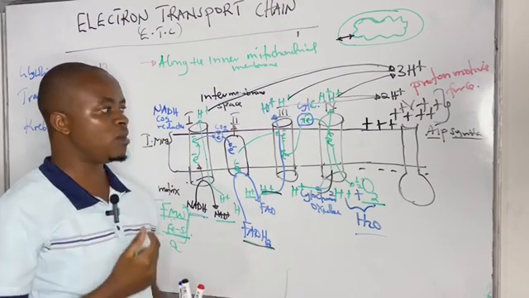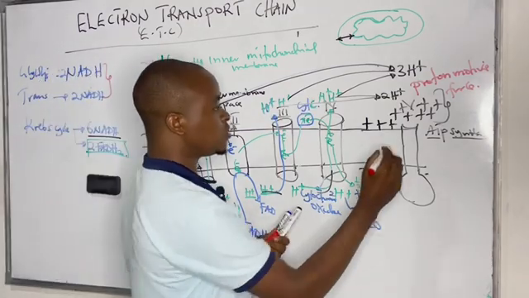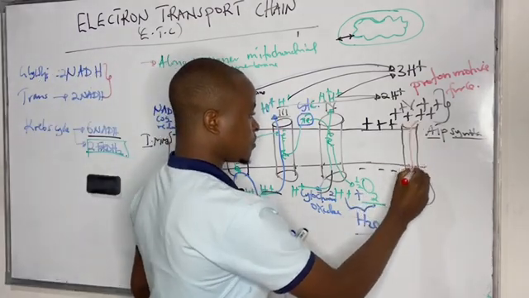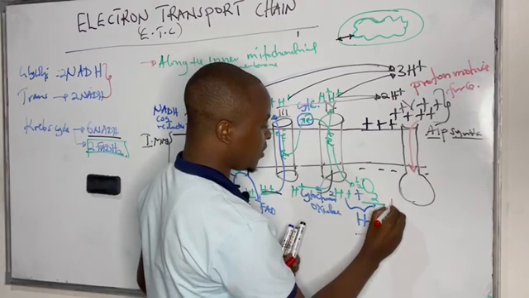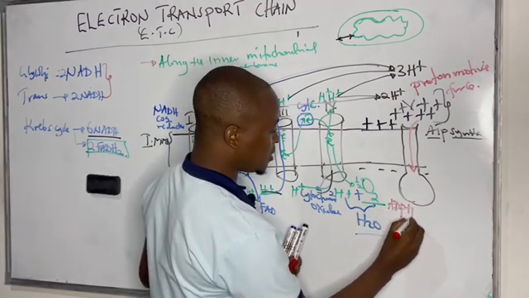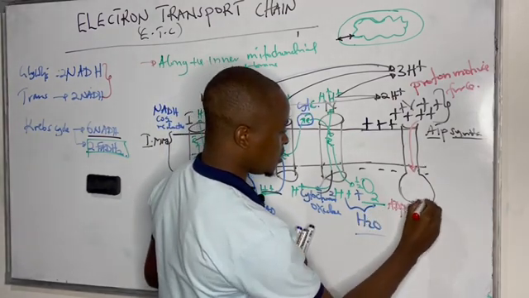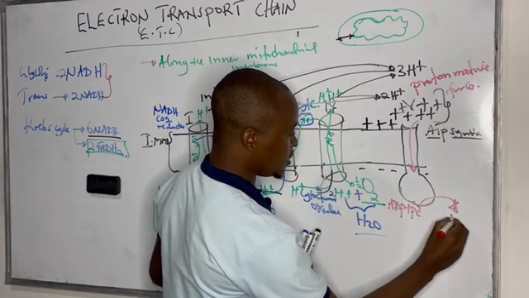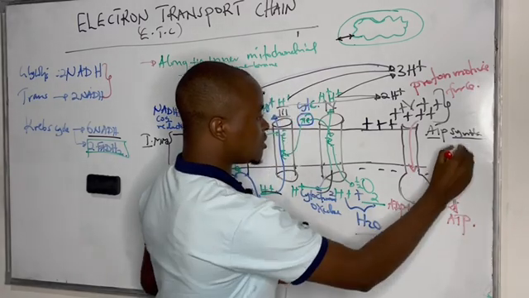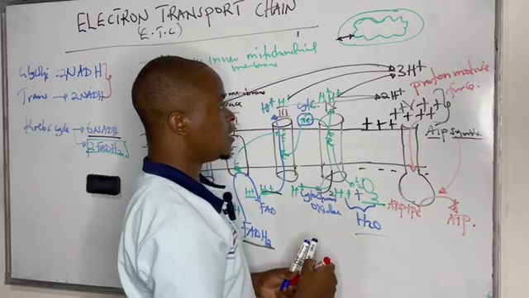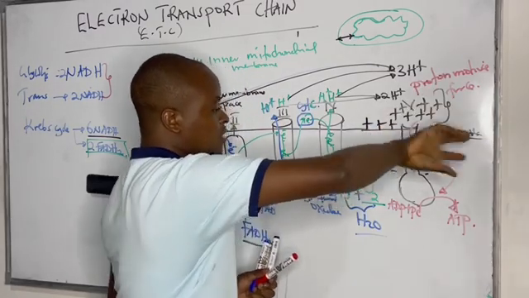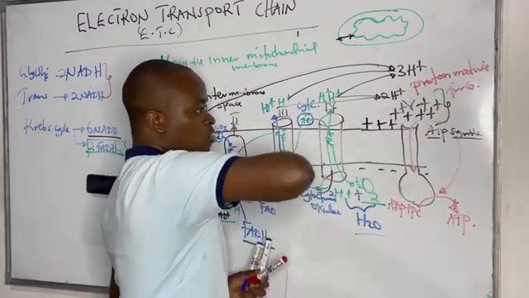And it is this proton motive force that causes the combination of ADP plus inorganic phosphate to form ATP. In the presence of ATP synthase, this proton motive force spins this complex 5.